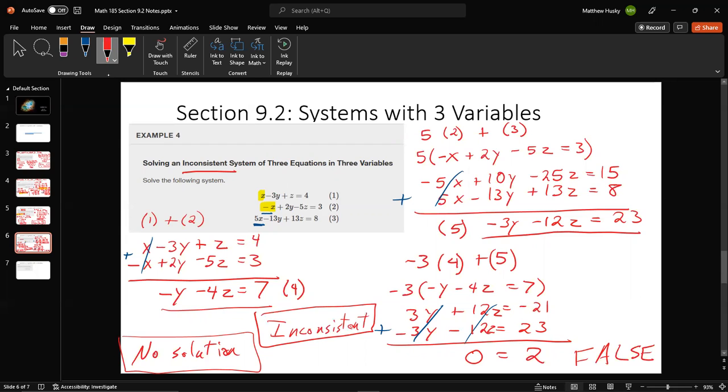And hey, what do you know? They were right. 0 equals 2. That is not true last time I checked. So lo and behold, that does not have a solution. It is an inconsistent system. Okay.